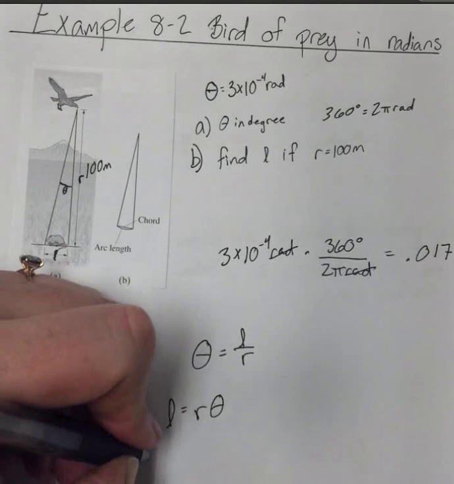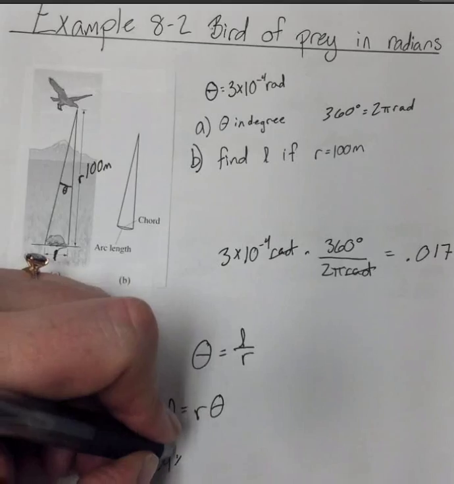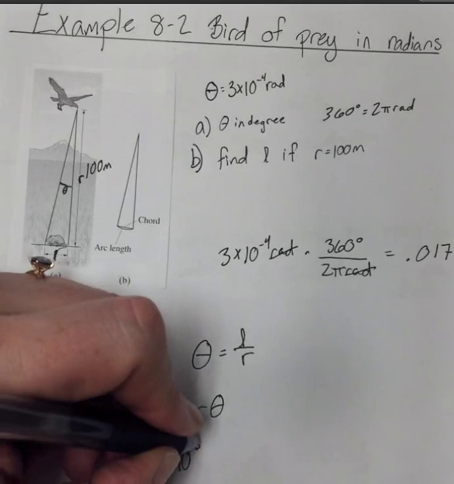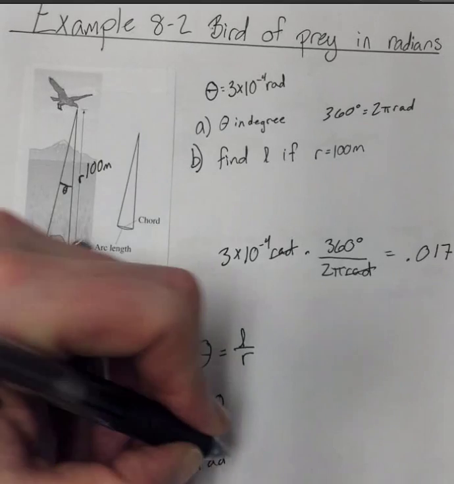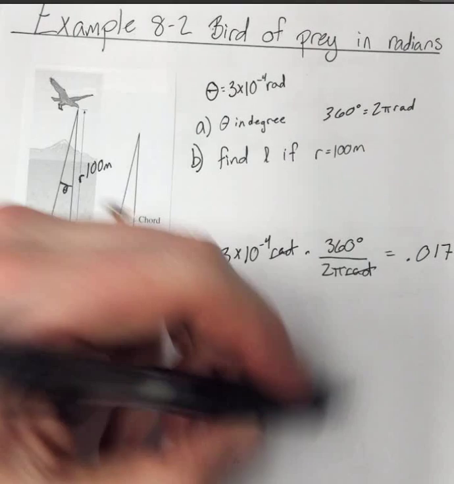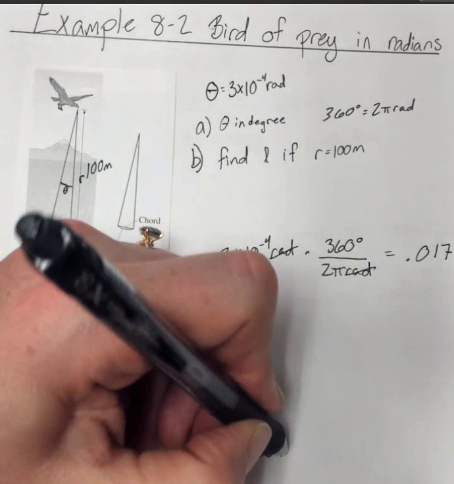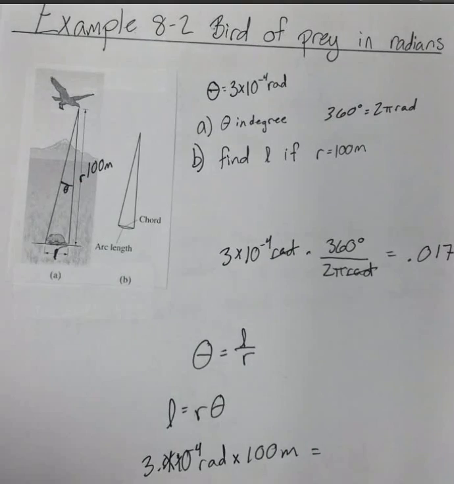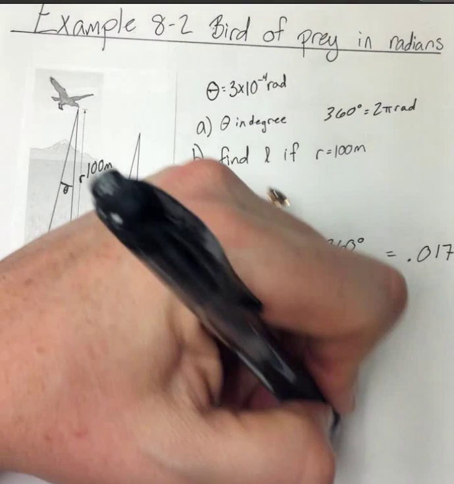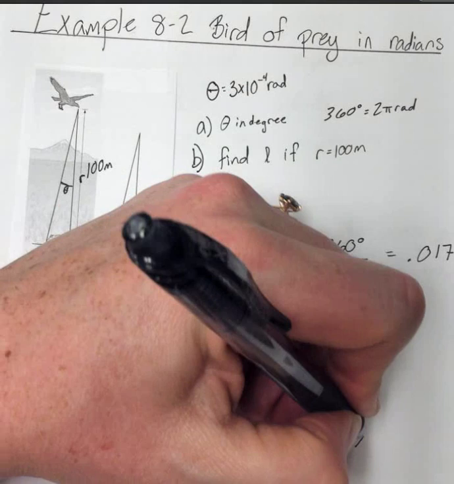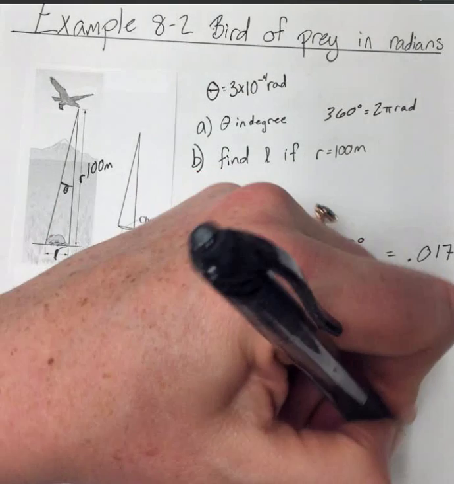So we've got 3 times 10 to the negative 4th radians times a radius of 100 meters, and that means that this bird can actually see an object that is 3 times 10 to the negative 2 meters long.